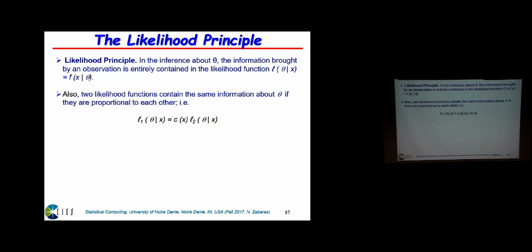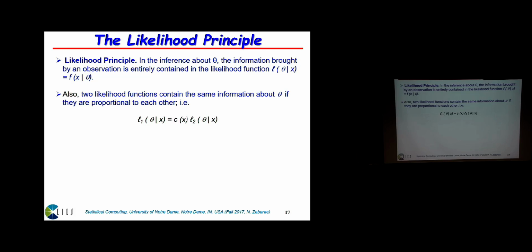And obviously this implies that if I have two likelihood functions that are the same, I better get the same estimate, or that they are proportional to each other. If they're the same, it's not an issue. If they're proportional to each other, then my estimate for the parameter theta needs to be the same.